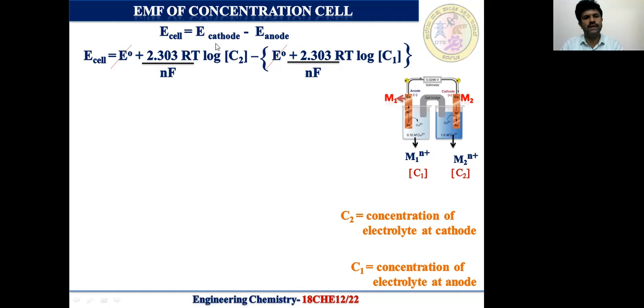The electrode immersed in higher concentration of electrolyte behaves as the cathode. Minus, again E = E0 + 2.303RT/nF log of the concentration of metal ions at the anode, that is C1, lower concentration.